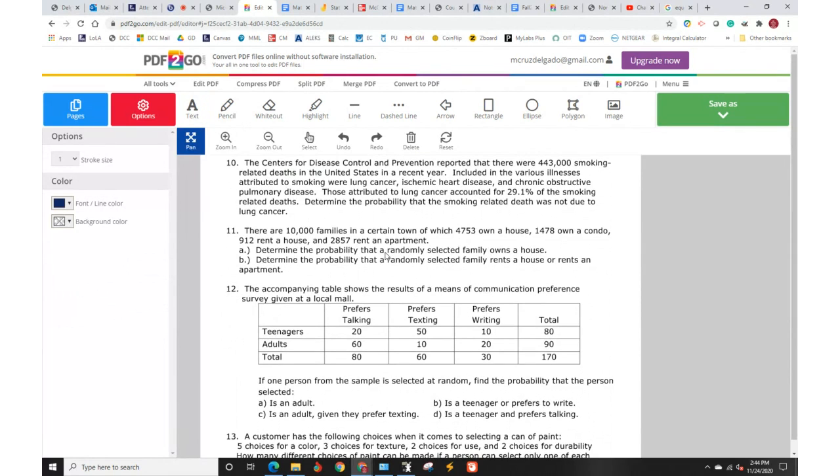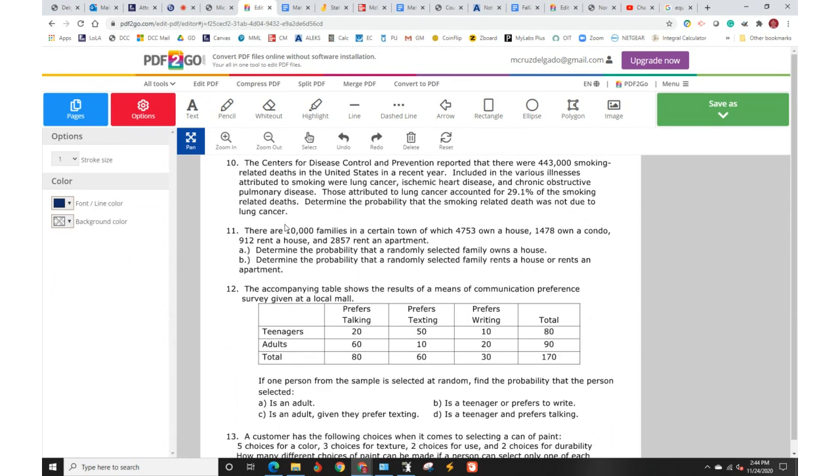So this right here is just using the complement. It gives you the probability of lung cancer deaths. Determine the probability it was not due to lung cancer.